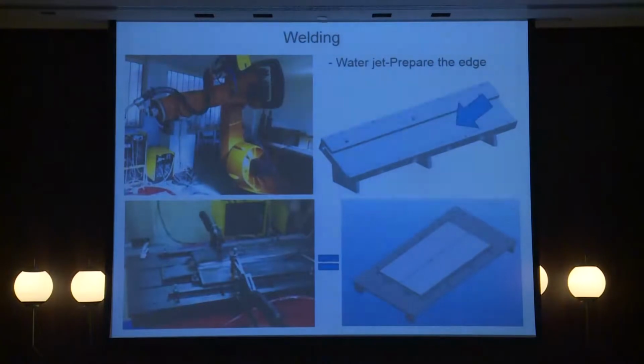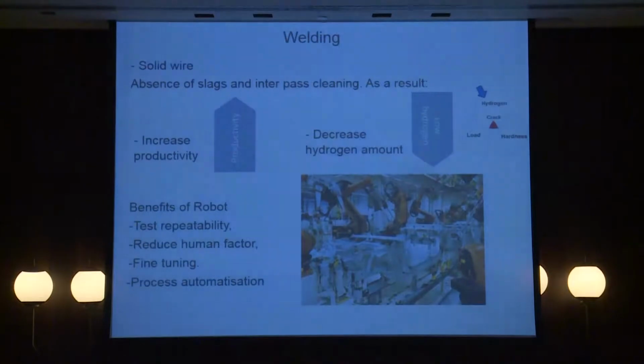For welding, we use robot welding and special tools made to prepare plates, for positioning of the plates, and we use a water jet device for cutting. We use solid wire, with no slag and no interpass cleaning, because we wanted to increase productivity and decrease hydrogen amount. Benefits of the robot: test repeatability, reduced human factor, fine tuning, and process automation.